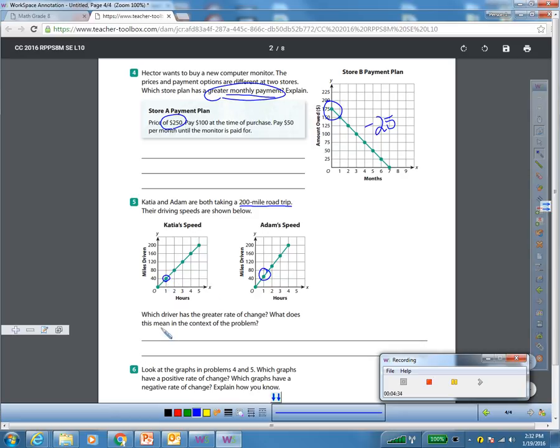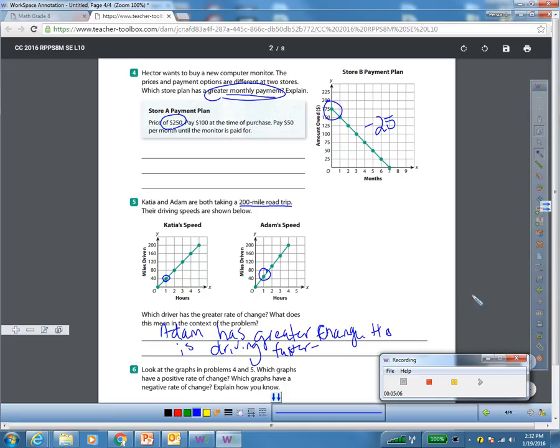So we're going to explain that Adam has the greater rate of change. And in context of the problem, we would say that basically this means that he's driving faster. Okay, has a greater rate of change, so he's driving faster. Say he is driving faster here.